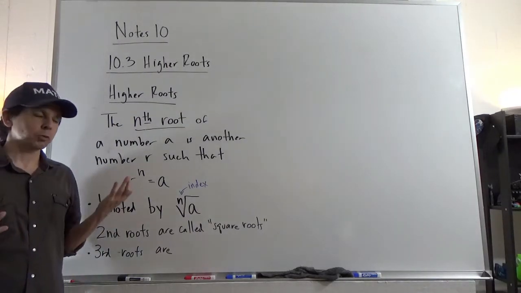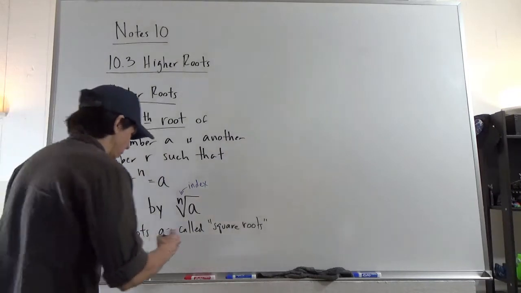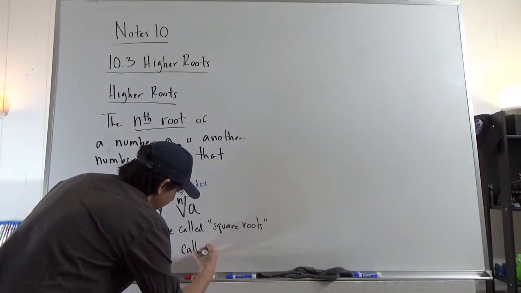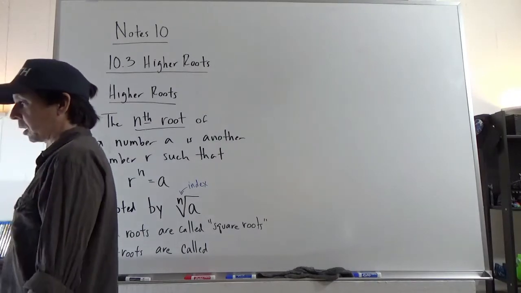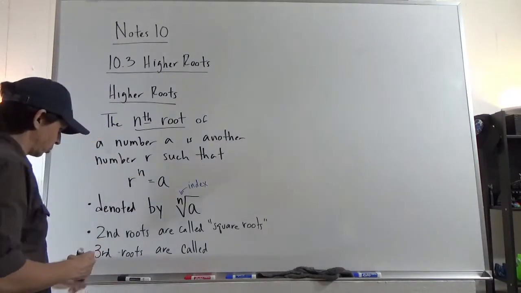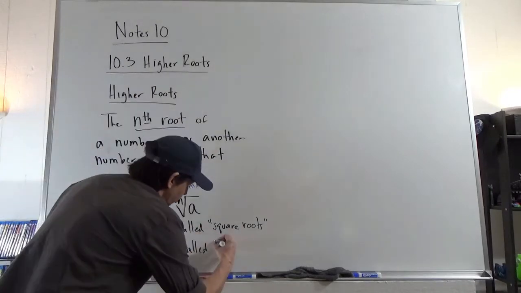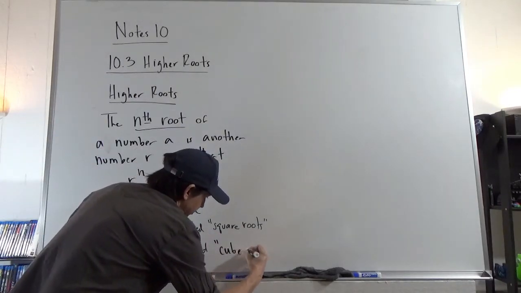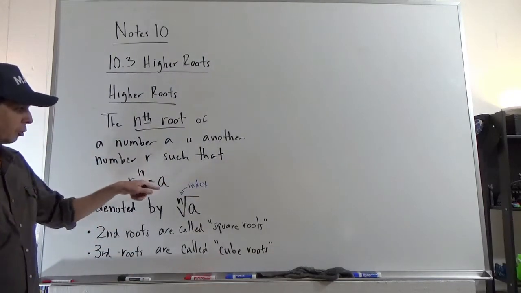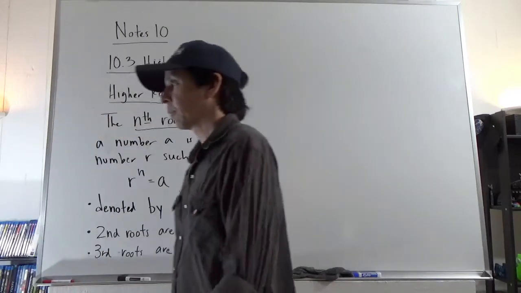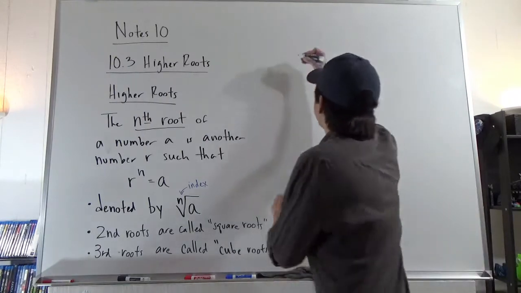You just call it a fourth root, fifth root, sixth root. It can go infinitely up, but most of the time I go up to fifth roots. Third roots are called cube roots because you're looking for a number that when you cube it, you get back the original a.